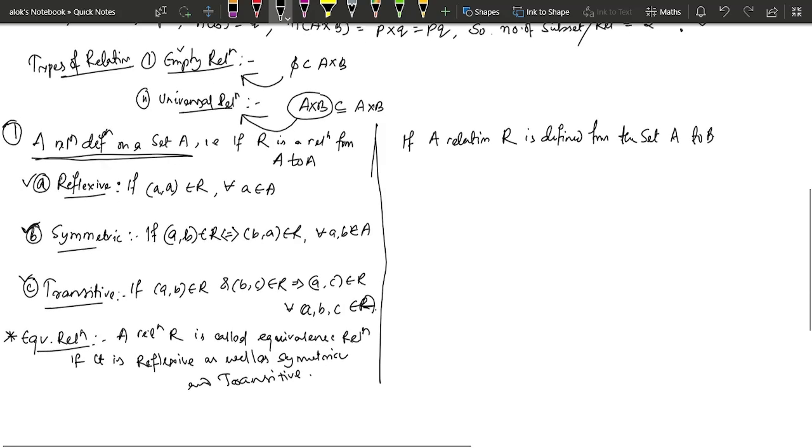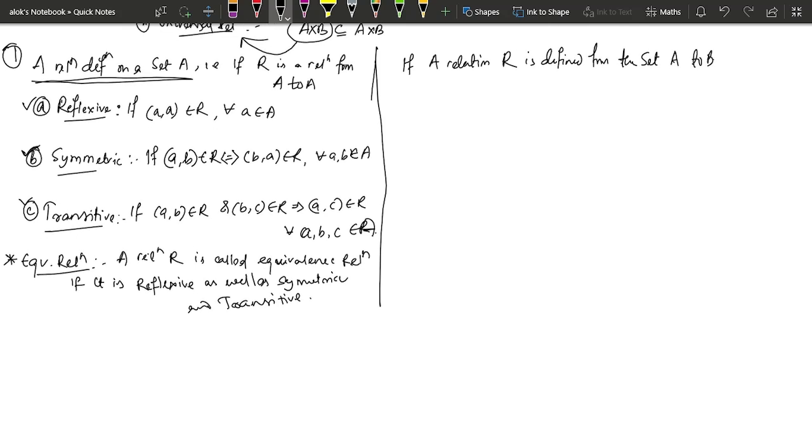Okay, so suppose we have an example. We have a set A, which has 1, 2 and 3, and I am defining a relation on A, that is (1,1), (2,2), (3,3), (1,2) and (2,3).